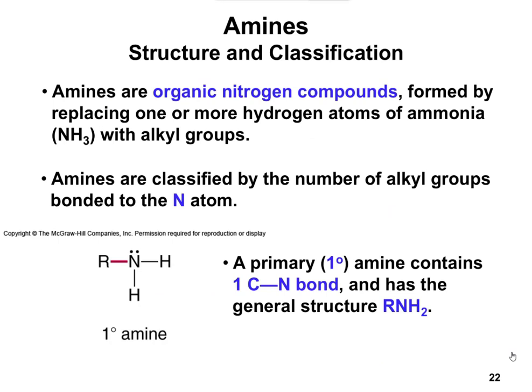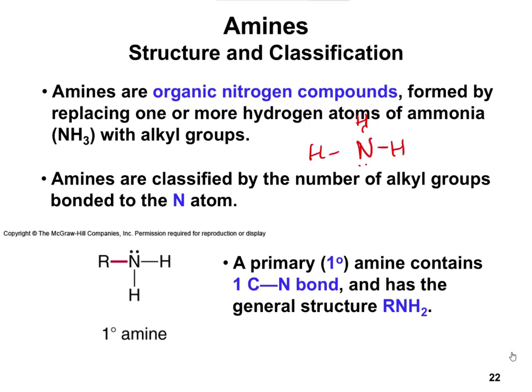So amines are basically going to be organic nitrogen compounds, whereas if you imagine if you were to have NH3 like this, right, with a lone pair, the idea is you're going to replace one of those hydrogens or more with alkyl groups or carbon-containing substituents.